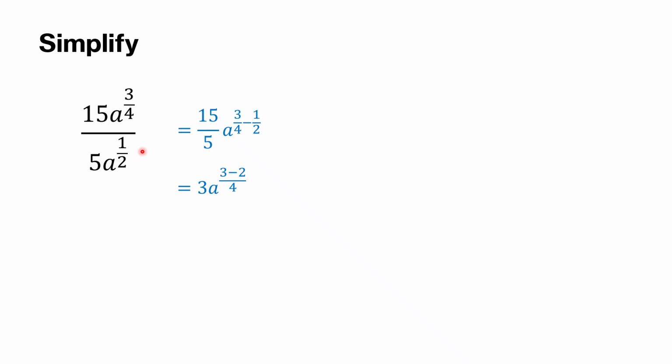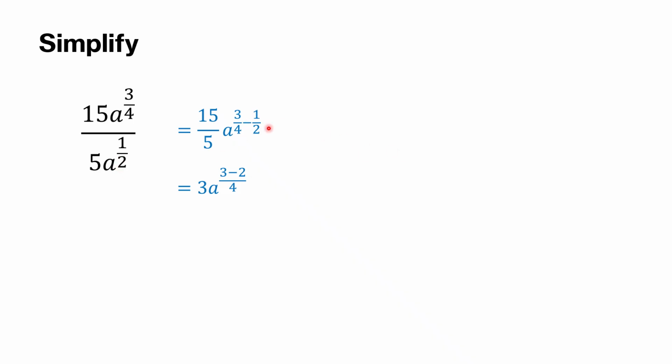Let's have this last example. We have 15a to the 3 fourths over 5a raised to 1 half. Working with that, we can divide the numerical coefficients, which is 15 over 5. Then, since there is the same variable, we will subtract the denominator's exponent from the numerator's exponent of the variable.